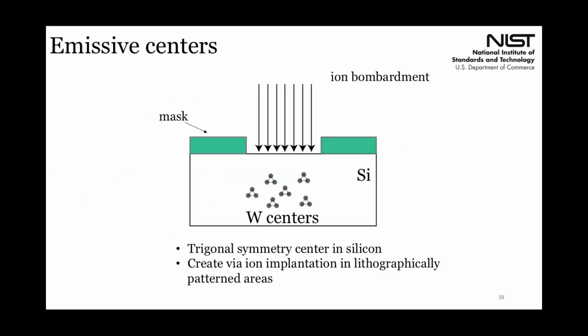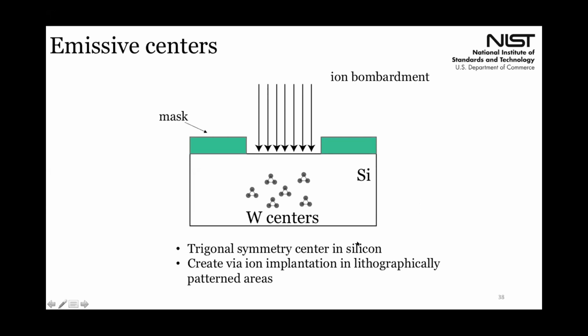So we're building silicon LEDs, which sounds strange because silicon is typically a very poor light emitter due to the indirect band gap. However, working at cryogenic temperatures helps you because it turns out there are emissive centers in silicon that, similar to the nitrogen vacancy center in diamond, can emit light.